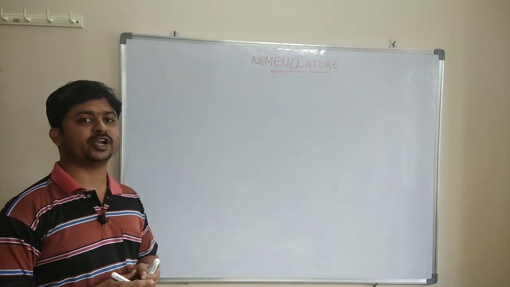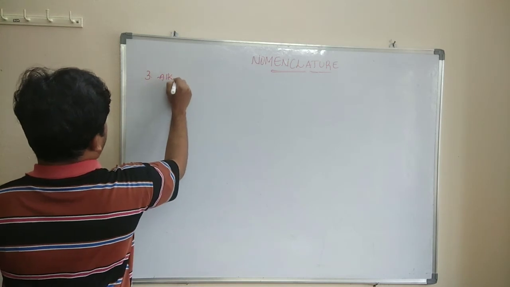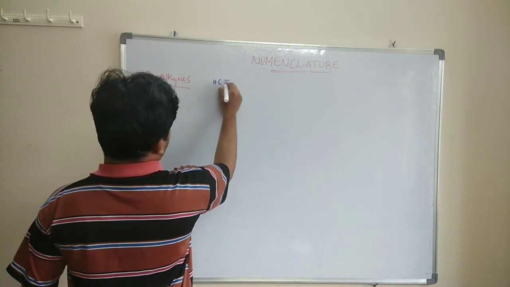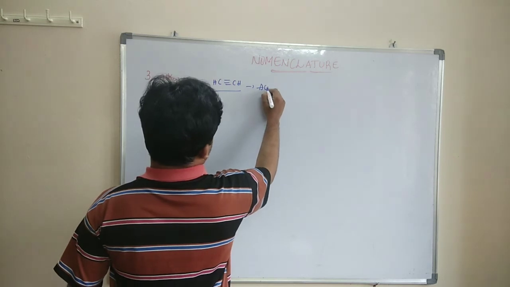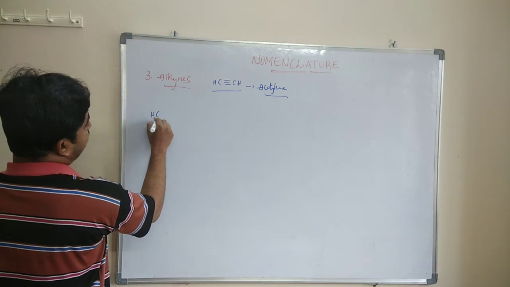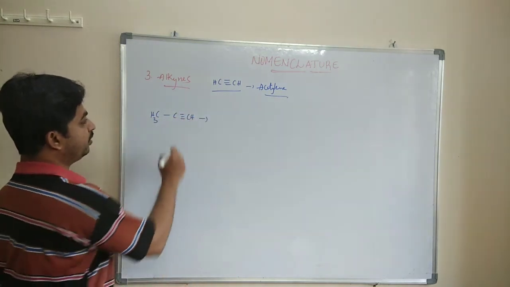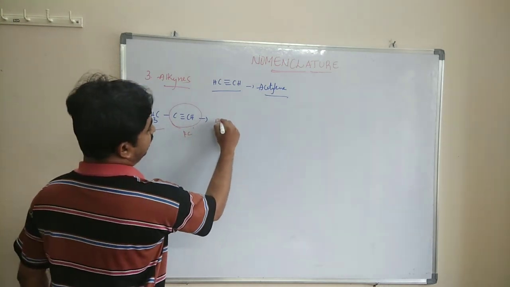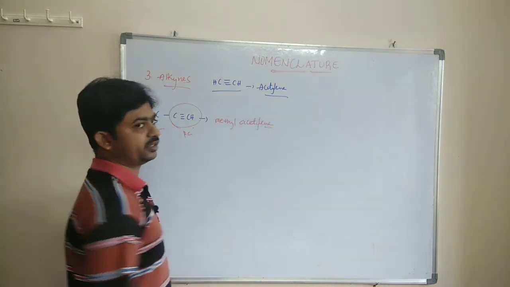Next functional group in the derived system of nomenclature is alkynes. So the famous homologue of alkyne is CH triple bond CH, this is known as acetylene. Examples: CH3 C triple bond CH, what is the name of this one? So acetylene is the parent chain, this is the prefix. Methyl acetylene is the name of this structure.